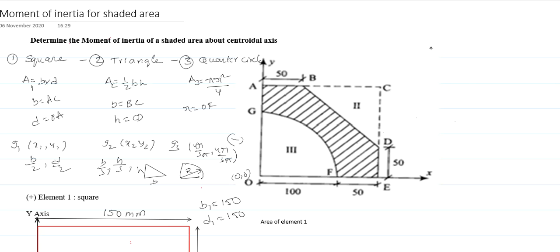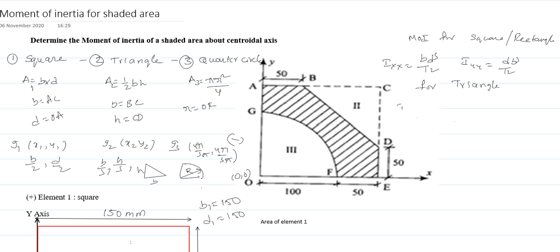Coming to moment of inertia, the formula of moment of inertia (MOI) for a square or rectangle is IXX equal to BD cube by 12, and for IYY, DB cube by 12.